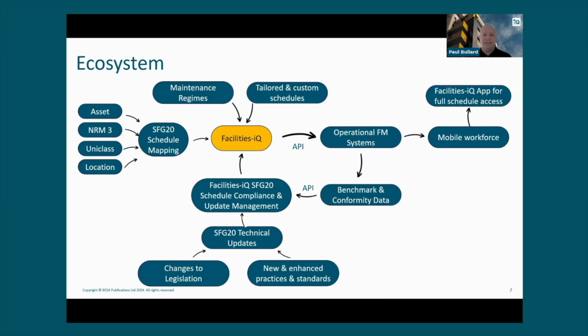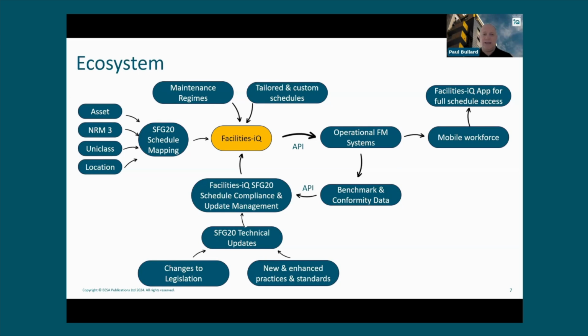Now, just going on to the ecosystem of all of this, you can see a very busy slide here with lots going on. What we're trying to do really is explain how everything connects. So you can see on the left, this is where we're talking about schedule mapping. So we're taking asset registers, or perhaps even a locational database, and actually saying, okay, how does this map to our SFG20 schedule?